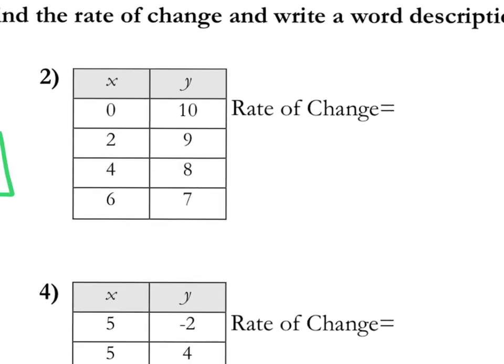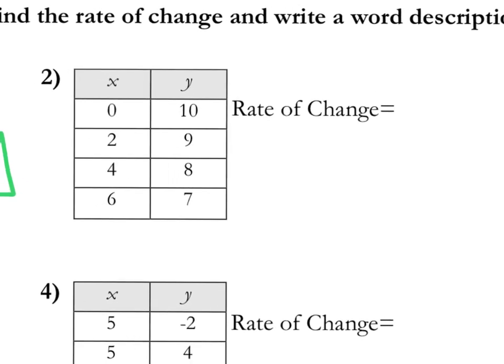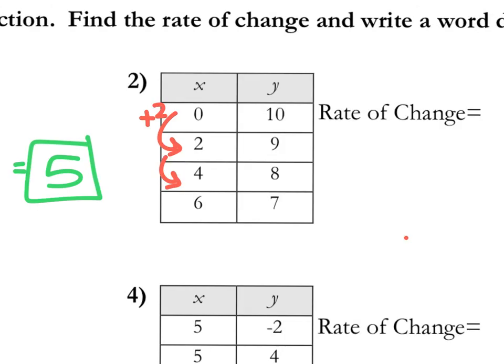Let's try that again with number 2. Change in x, we're going up by 2. Oops. All right, sorry about that. We're going up by 2s, and change in y is going down by 1. Okay, so let's summarize.